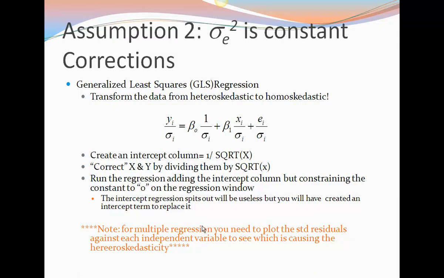Okay, and a faster way that can be done anytime the form of heteroskedasticity is known, even in multiple regression, you just have to know which variable is causing the problem, is GLS, which is generalized least squares.